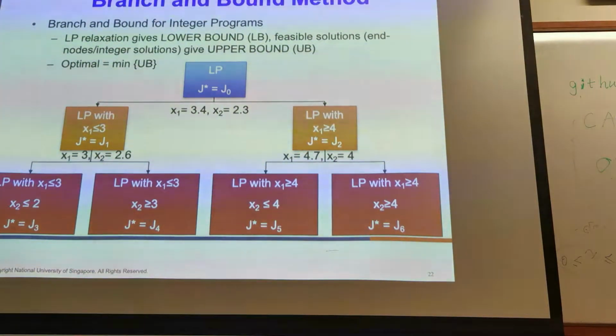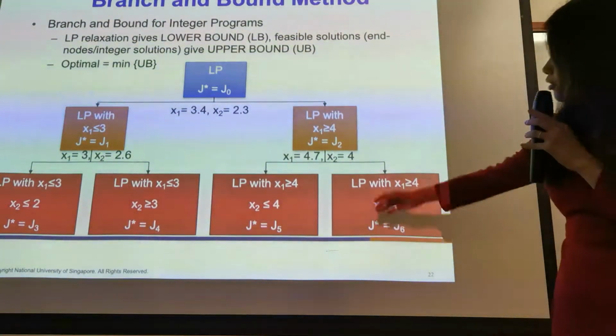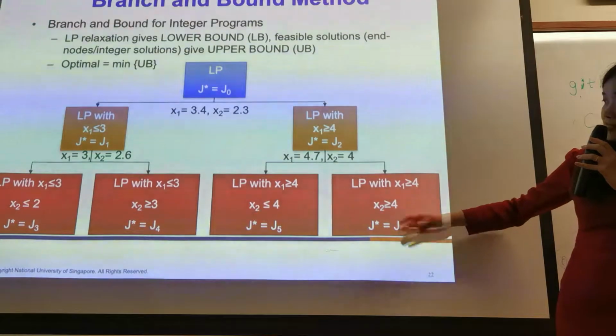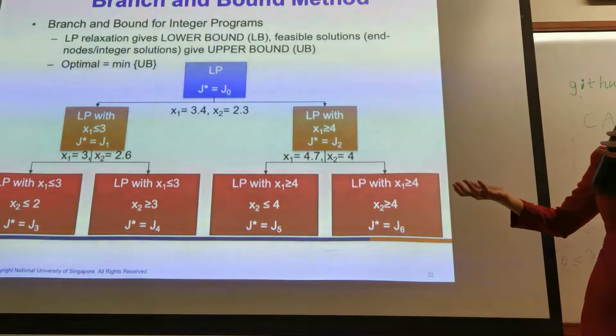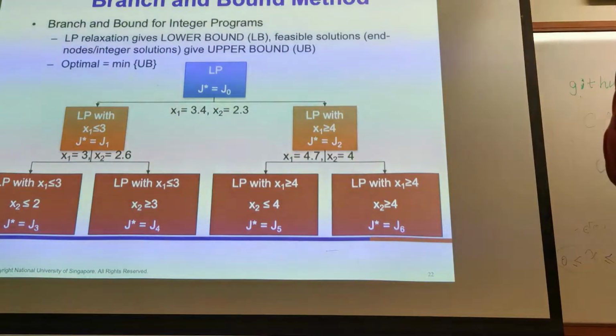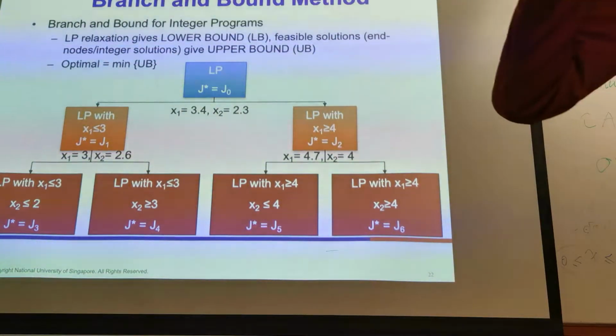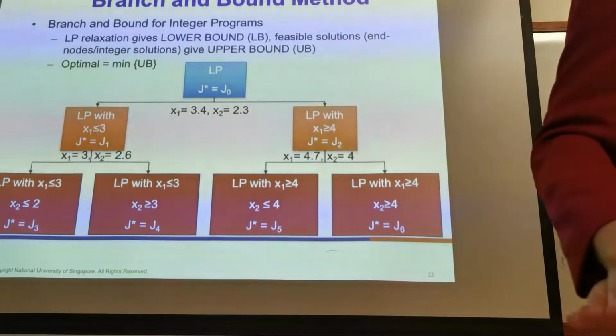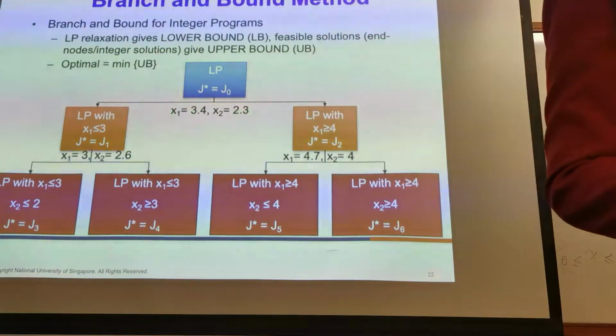Because you always do the relaxation first, which gives you the bound, and then you keep searching for all the feasible solutions. The feasible solutions will then be compared to find the optimal one among them.